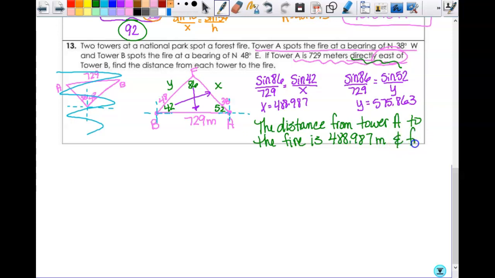And from B to the fire is 575.863 meters. Okay, and there you go.